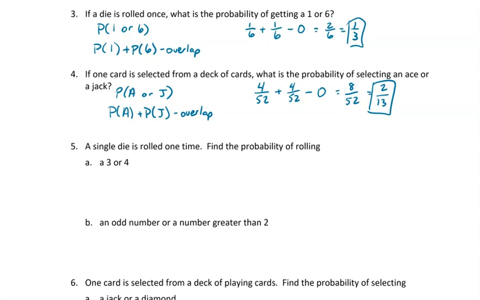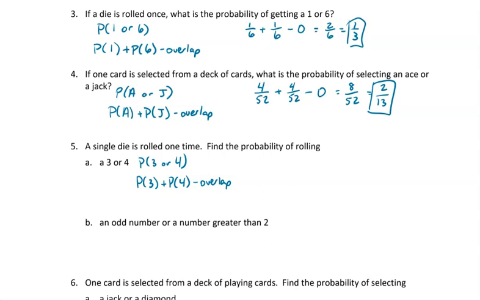All right, a single die is rolled one time. Find the probability of rolling a 3 or a 4, or an odd number, or a number greater than 2. All right, so starting with a 3 or 4. It's going to be the probability of getting a 3 plus the probability of getting a 4 minus the overlap.